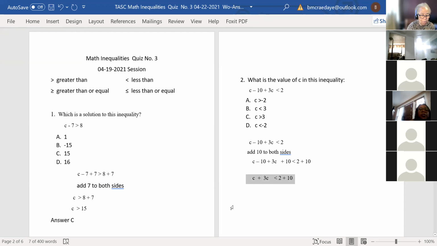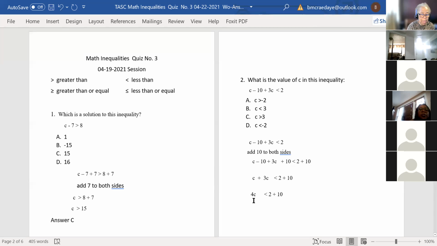So let's put the 4C here. And let's take out the 3C.